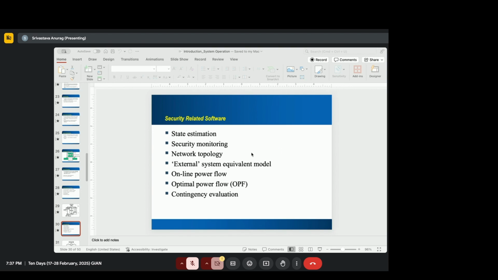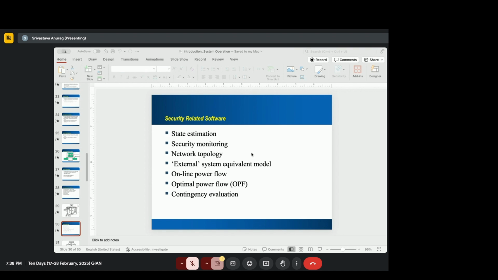So the first one is whether operational security considers cyber security also. That's a good question. Right now, it does not. If a line goes out because of a cyber attack, in some way it is considered. But in operational security, operational reliability or security analysis, we are not looking at the vulnerability caused by a cyber attack, but the impact of that.